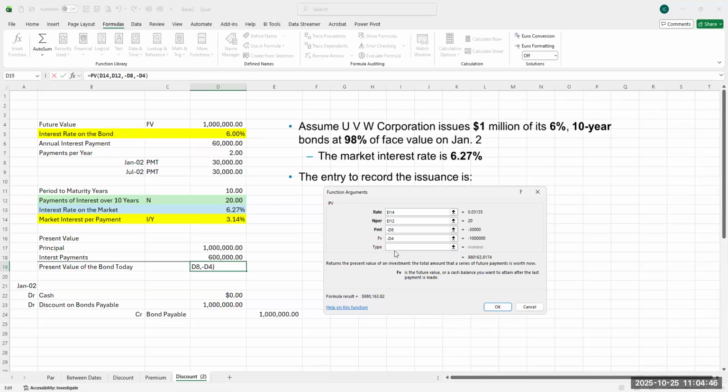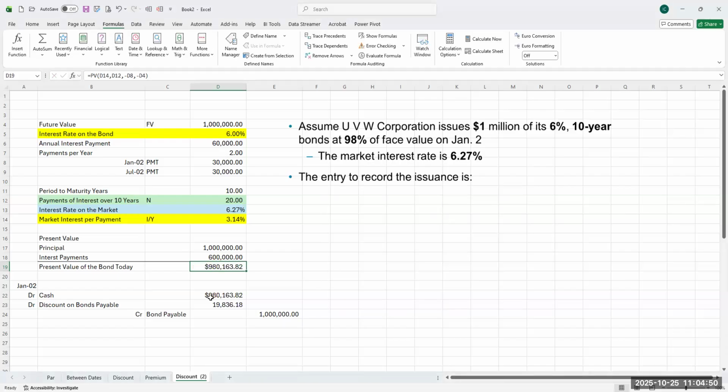Now the question is, what's the present value? The present value we're coming up with is $980,163.82. So basically, we're going to give a discount of $19,836, which is the difference in interest between what we're paying on the bonds and what the market pays.